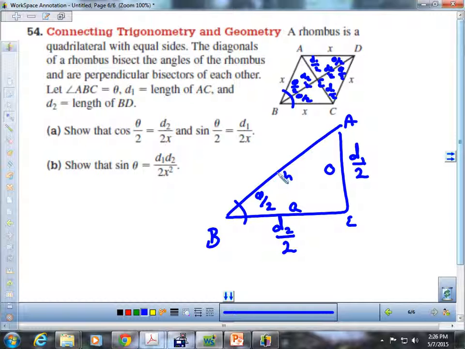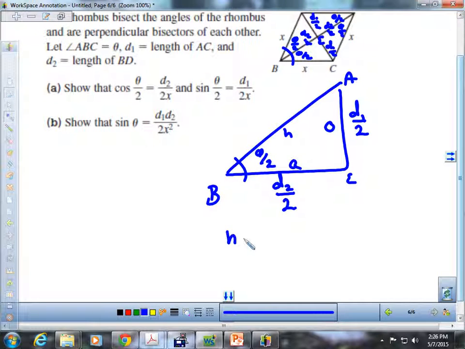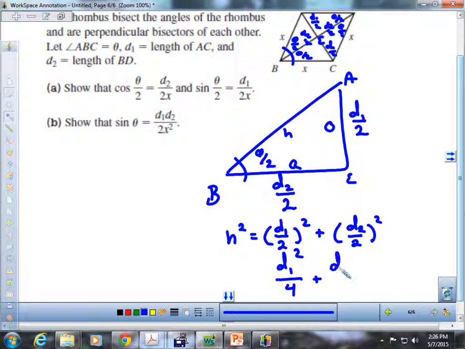Do we know the length of our hypotenuse? We don't, do we? But could we determine it? Yeah, I know these two sides, right? So how would we find our hypotenuse? Well, our hypotenuse squared would have to be equal to diagonal 1 divided by 2 squared plus diagonal 2 divided by 2 squared. So diagonal 1 squared over 4, diagonal 2 squared divided by 4.